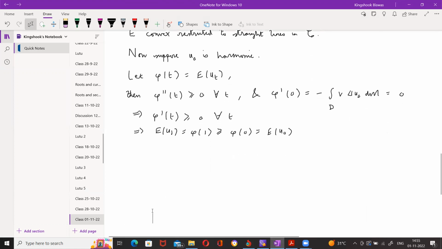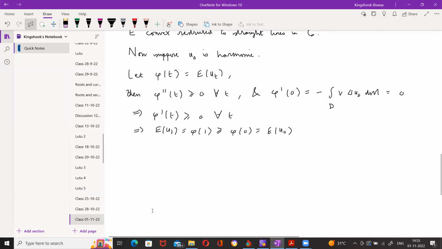So what are the bad domains? Bad domains will be something with a cusp, like you take a domain like this.